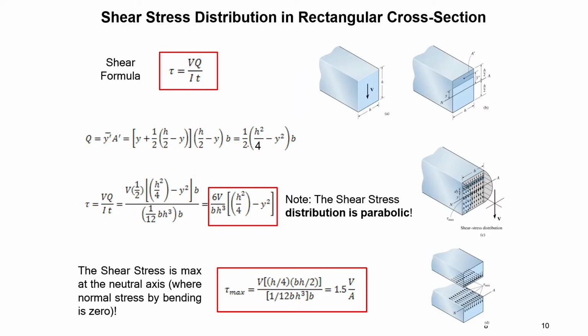So now we have these formulas, and you can substitute some values. For example, for a typical rectangular cross-section beam, we want to work out the value for the shear stress. You substitute the first moment of area equations, and you can work it out, okay?